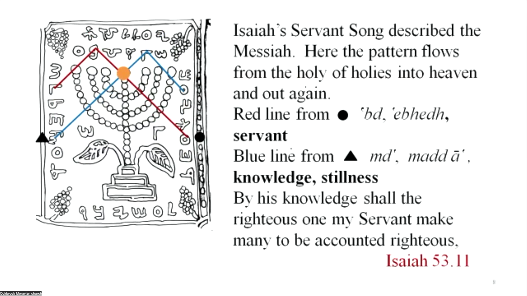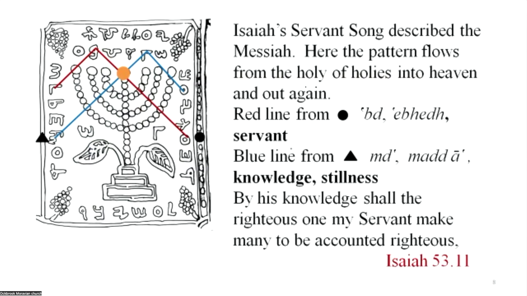And here you have the servant, following the red line for the servant, the Eved. He goes up to the lower part of heaven, passing through the central lamp, and then he comes down again.